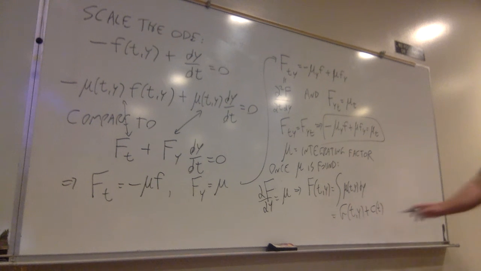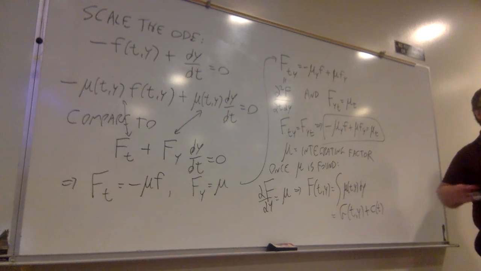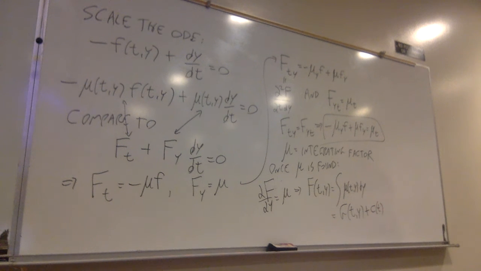Because if I take a derivative of both sides of this with respect to y, this would still give me 0, and I'd be back to this. So you have to keep it in mind, when you're dealing with functions of more than one variable, when you take an integral, you're not adding on a constant, you're adding on something that doesn't depend on the variable you just integrated with respect to. I integrate with respect to y, I add on something that does not depend on y, but it can depend on anything else.